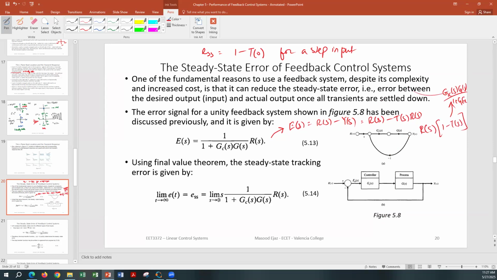So once you plug in this transfer function over here, and then 1 minus that, you simplify that, you're going to be left with 1 over 1 plus Gc(s)G(s) times R(s).